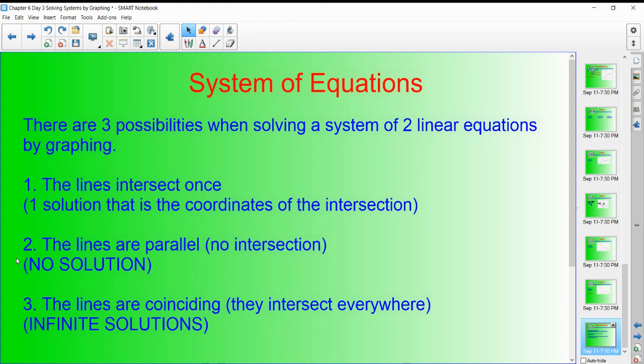And situation 3, which we didn't see in any of these examples, is that the lines are the exact same. They touch everywhere. They can be written in slightly different forms, but they have the same y-intercept, the same slope. Everything about them is the same, and that's how we have infinite solutions. So we'll continue practicing graphing, and we'll be able to see that we can solve systems graphically.